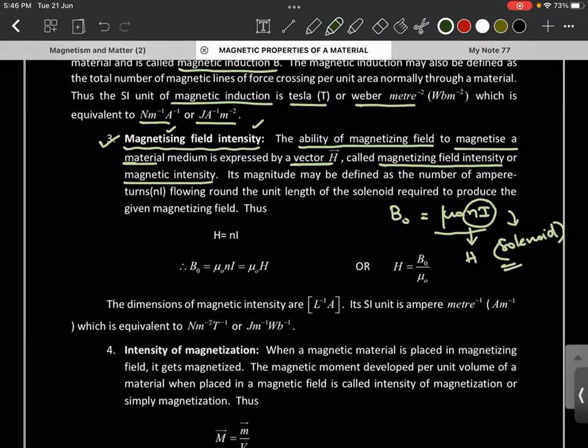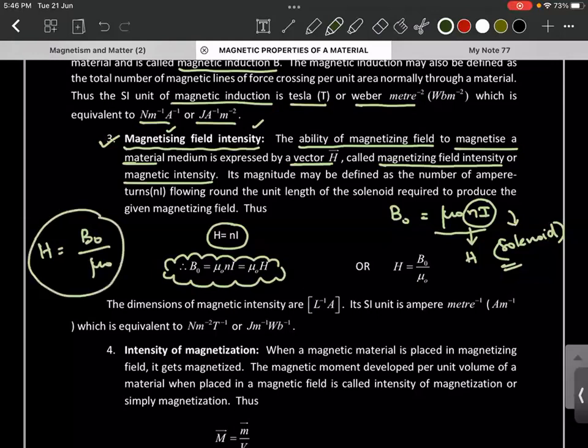So the number of turns and the current is what is called as H. And that H is written as n into I. Okay. Then if you observe this expression, B naught is equal to mu naught into n into I, or you can write it as mu naught into H. Then capital H can also be written as B naught divided by mu naught.